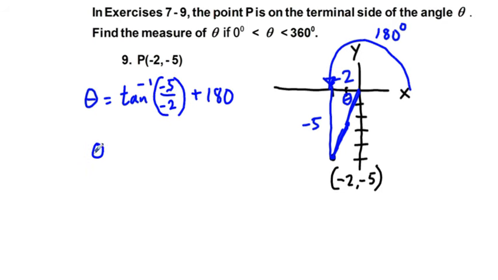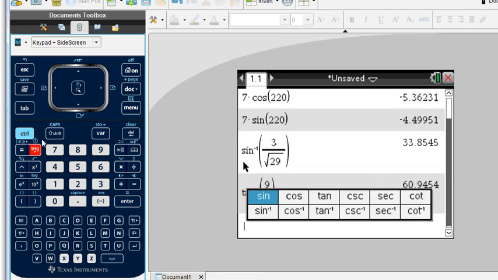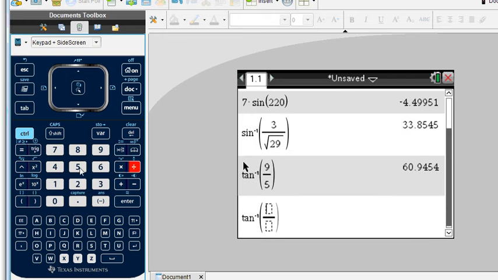So theta is going to be found by making this calculation. So we go to the inverse tangent right here. Inverse tangent of, I'll just put 5 over 2. That's the same as -5 over -2. And to this, we're going to add the 180 degrees.